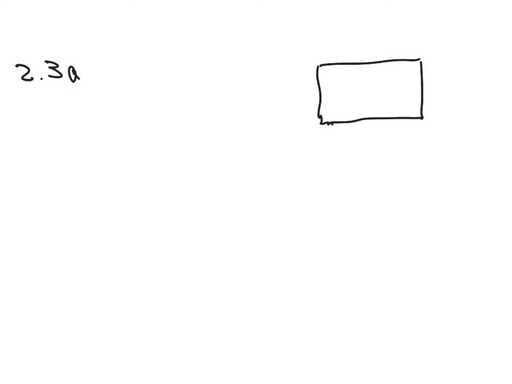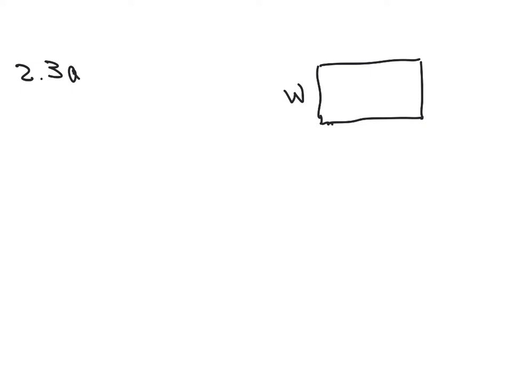It just kind of puts it off. So we draw a picture, and it says the length of a rectangle is 3 inches less than twice the width. All right, so what are we comparing to? We're comparing the length to the width. And we're given some information about the length. It's 3 inches less than twice the width. So what we know the least amount of information on is the width. We know nothing about the width.